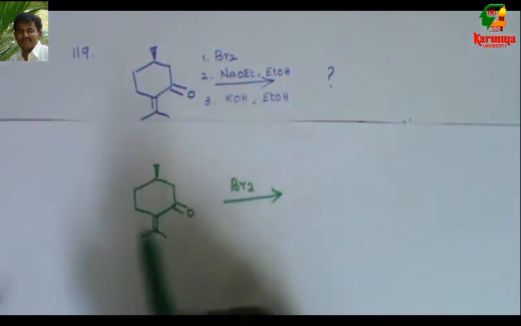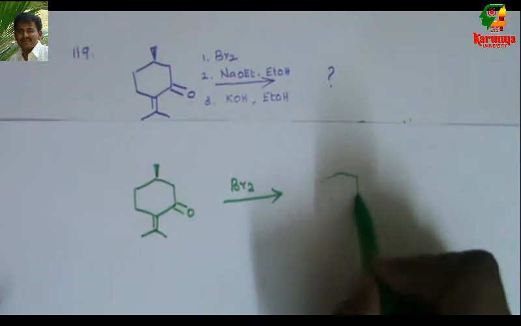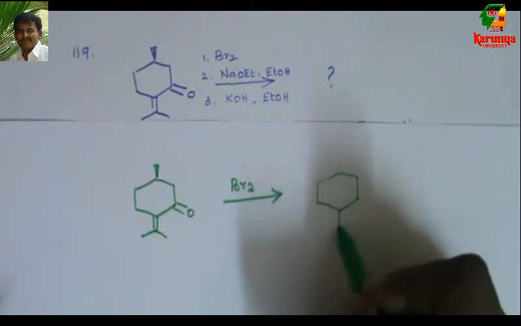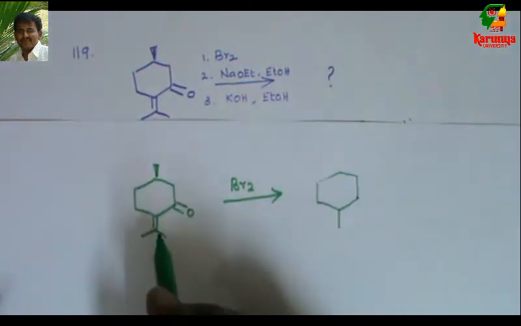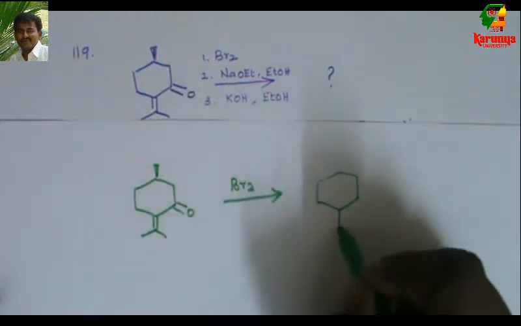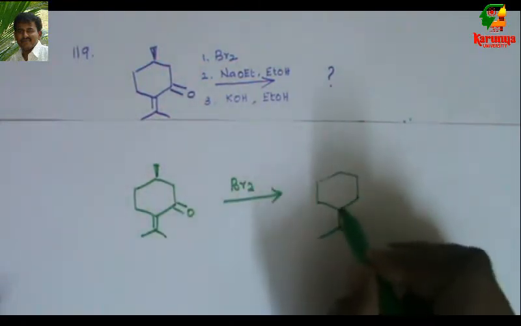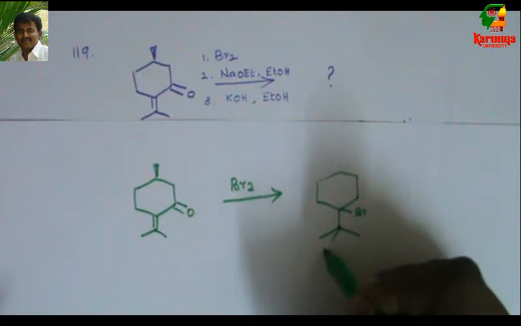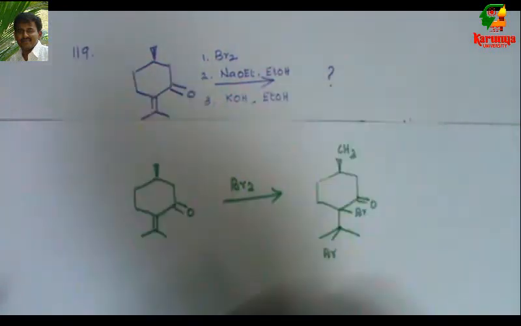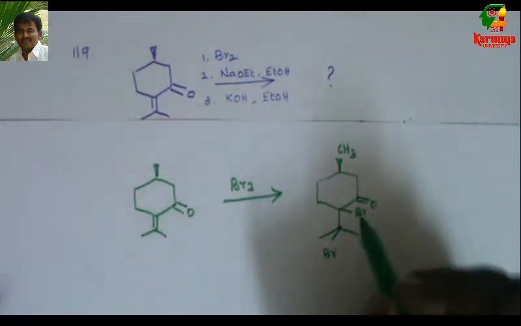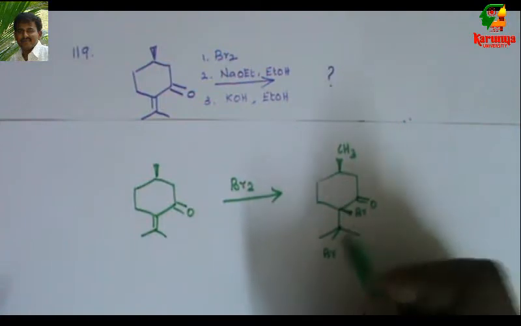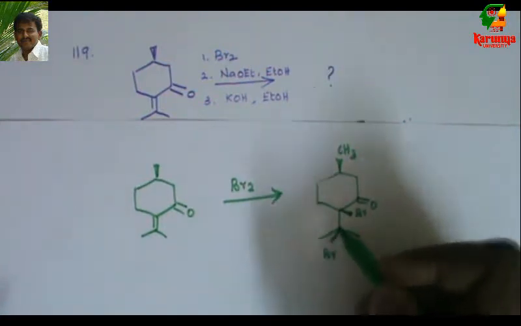This alkene undergoes bromination to give the dibromide like this, and the stereochemistry of this bromo will be trans.